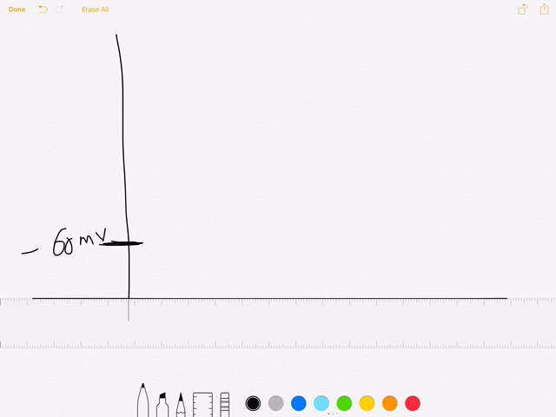We explained why. Let's make this 0. Let's make it plus 60. Okay. So here, let's use another color. Okay. So here what happens is sodium channels open up.